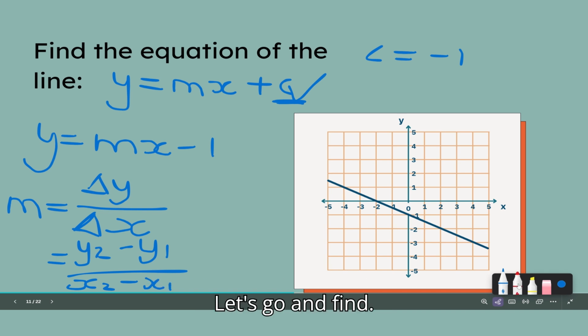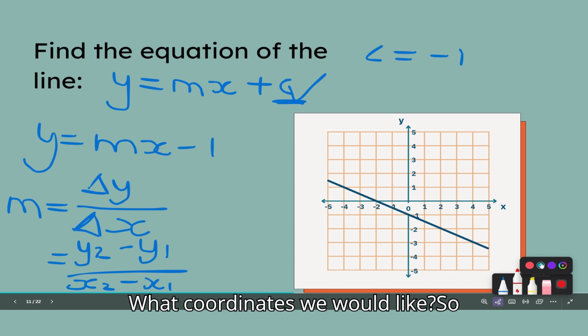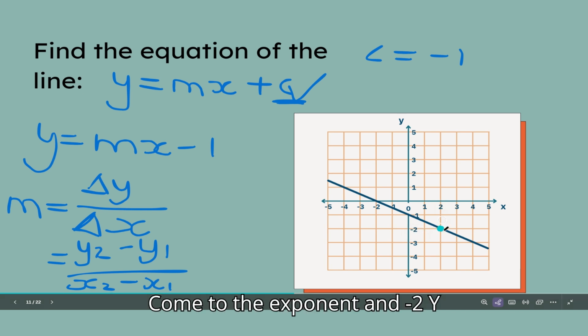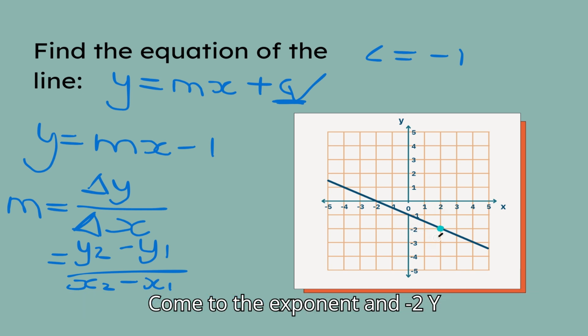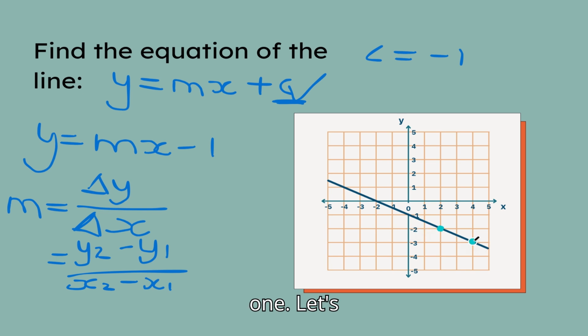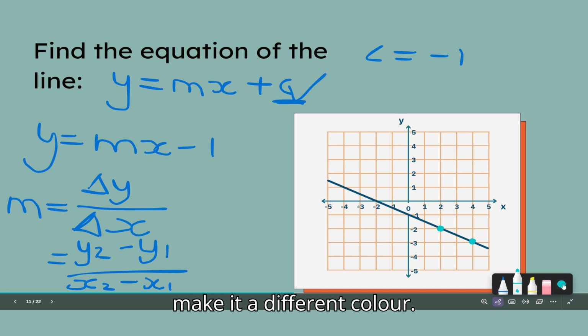So let's find what coordinates we would like. Let's choose this one maybe: 2 is the x coordinate and -2 is the y coordinate. And we can also choose this one, in a different color.